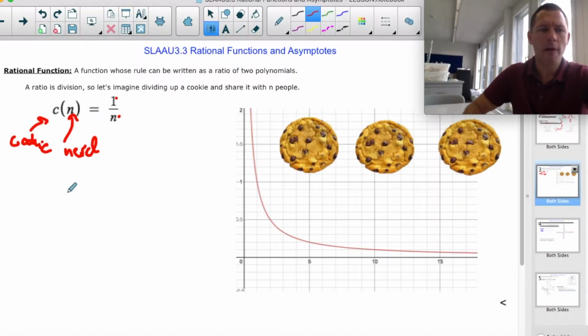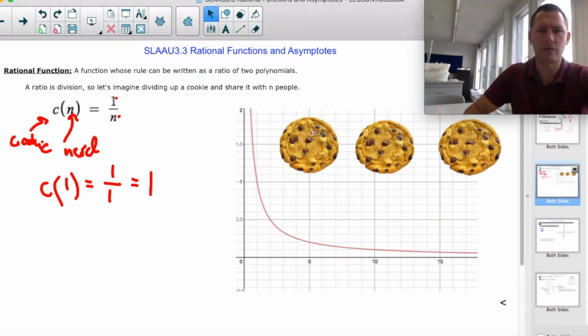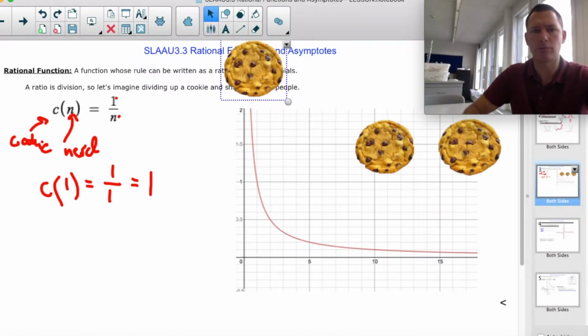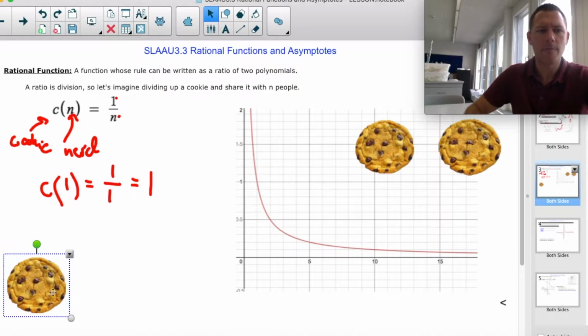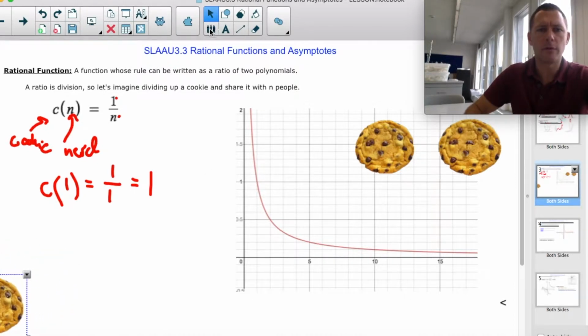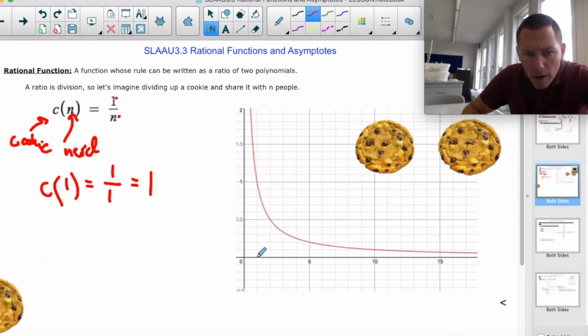So if we go C of 1, it means you're dividing one cookie by one person, and so that person gets the full cookie right there. Bam, here. That's mine. Yeah? On the graph, you'd have 1, comma 1. C of 1 is 1.